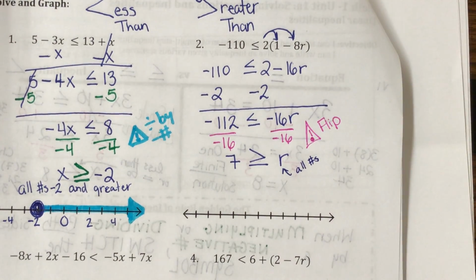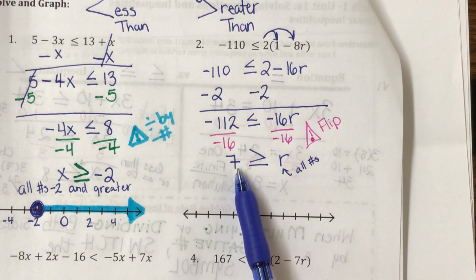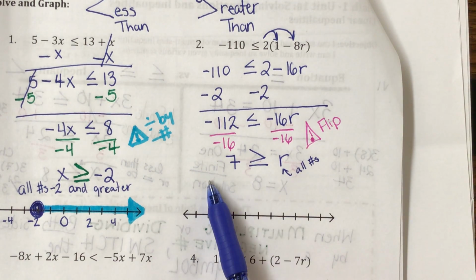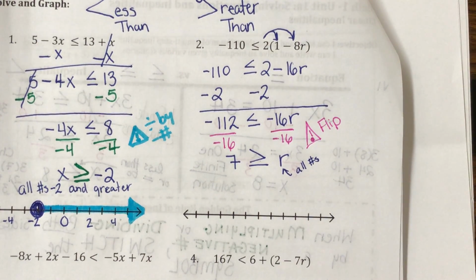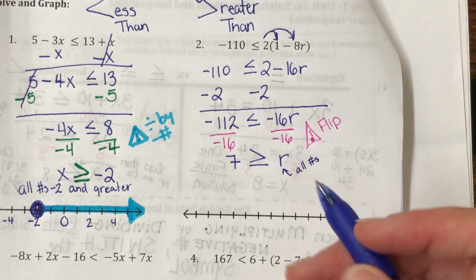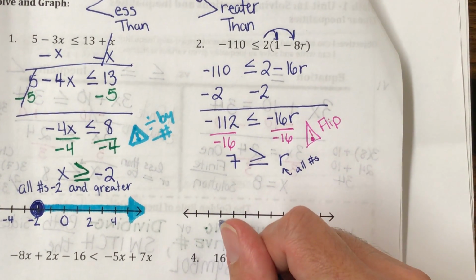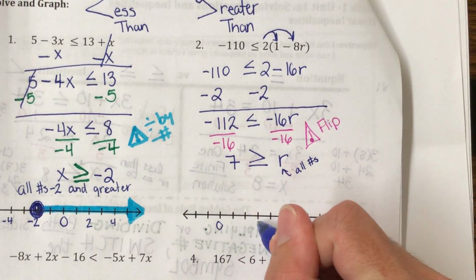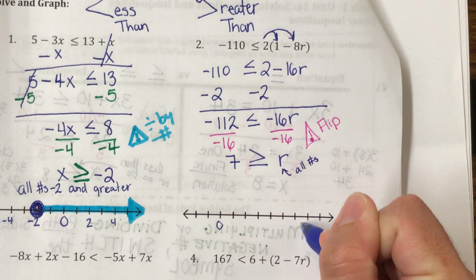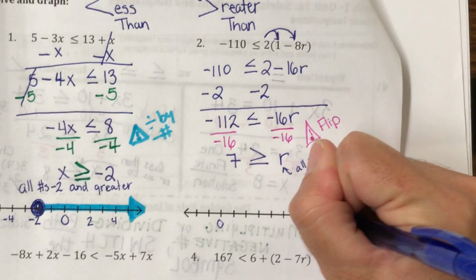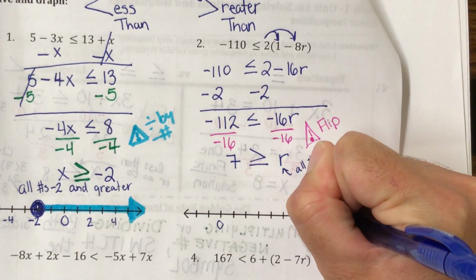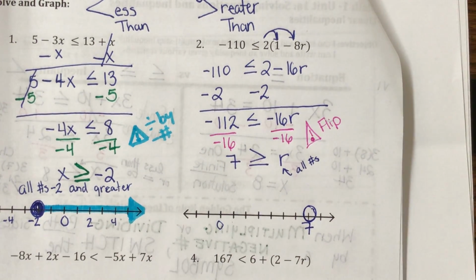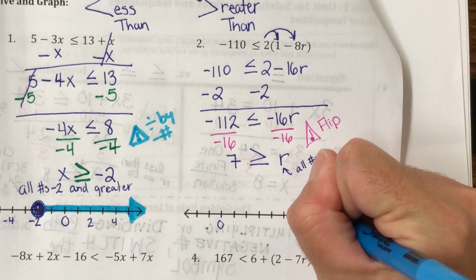And when we shade, we want to make sure we're shading correctly. So do we shade numbers that are bigger than 7, or numbers that are smaller than 7? Well, I'm going to start by putting the 7 on the number line. And my circle is definitely going to be a closed circle because 7 is a part of the solution.